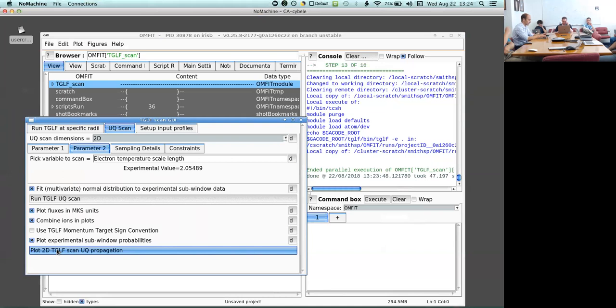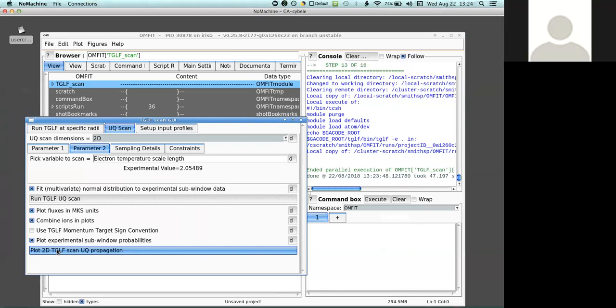This has been the first step, but we can support non-normal distributions, kernel density estimators, or whatever distribution is going to be inputted into TGLF. But the outputs are non-normal. Yes. So how do you estimate the uncertainty then?